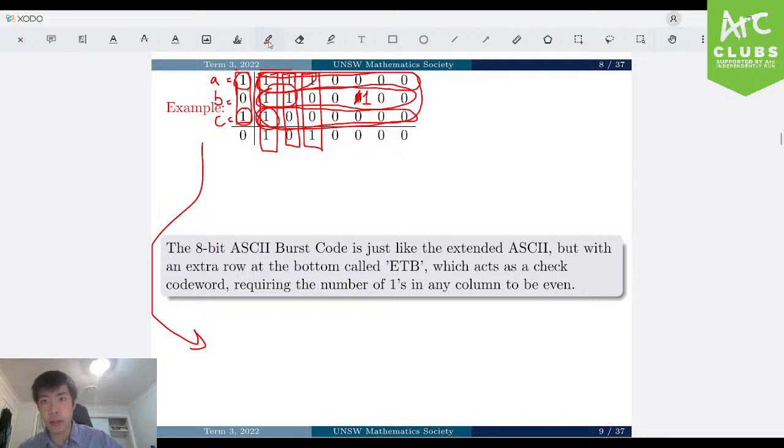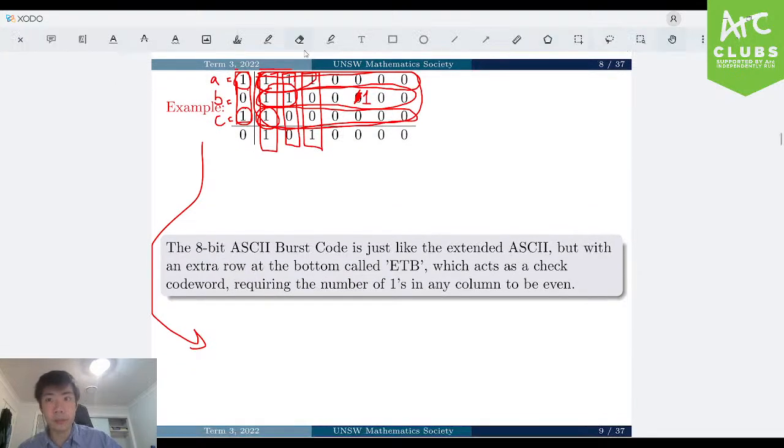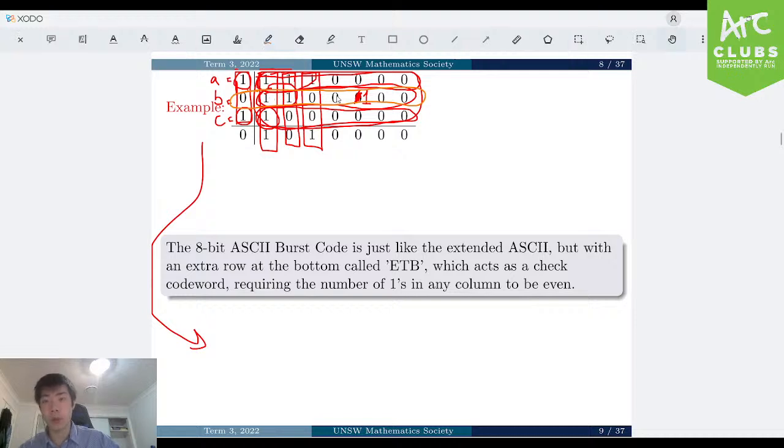Maybe I'll use a different color here. I'll use orange. So I would immediately know that there's an error in this row. Why do I know there's an error in this row? Because we have three 1s, right? So there's a non-even, in other words, an odd number of 1s.